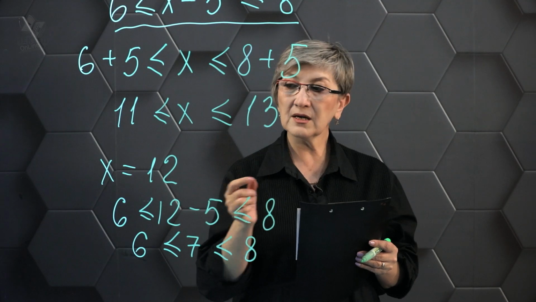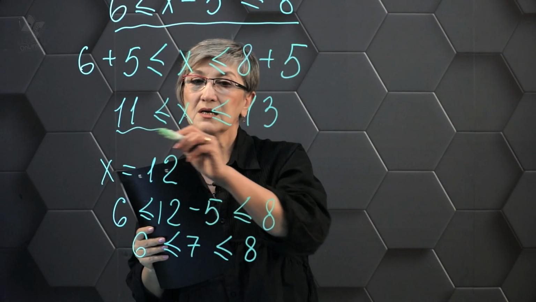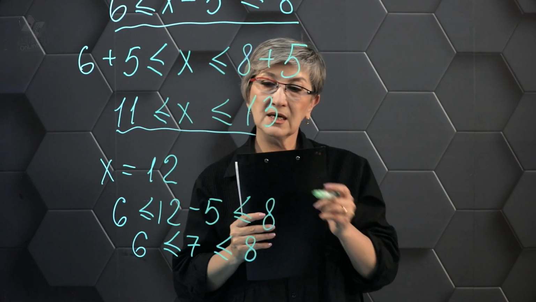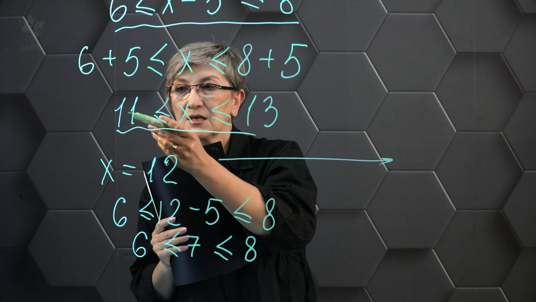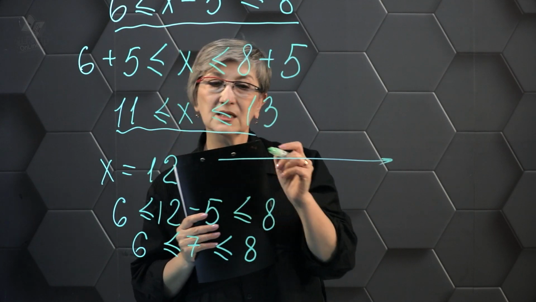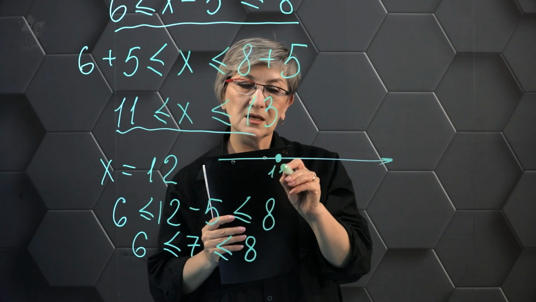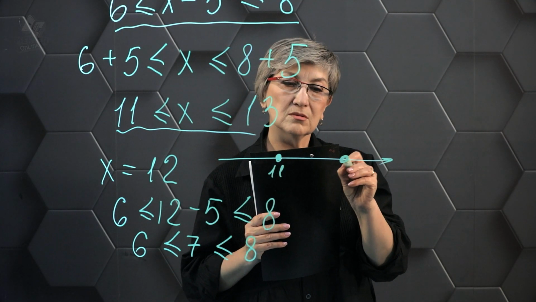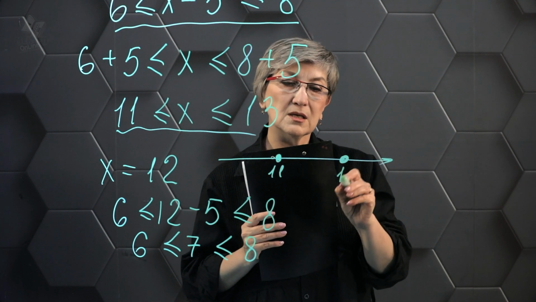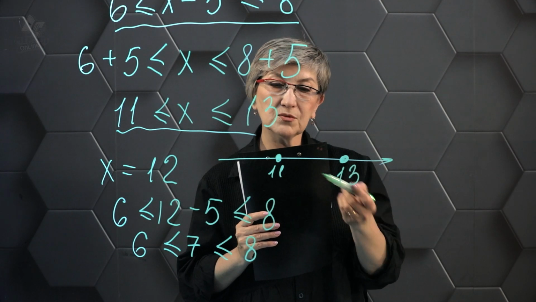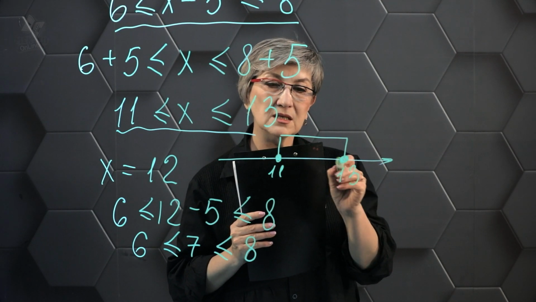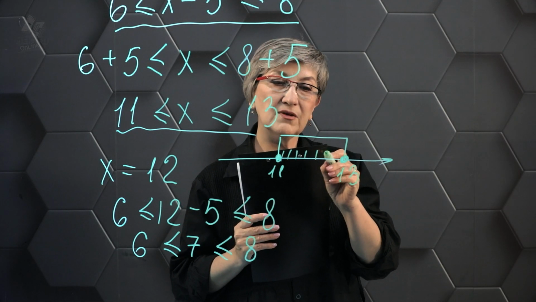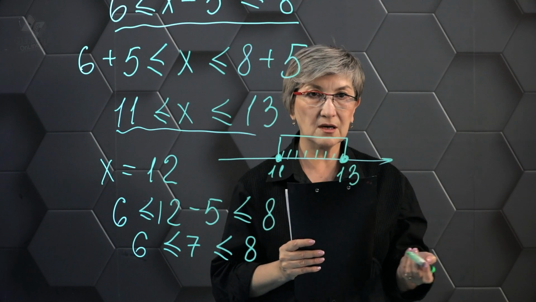I can show the solution to this inequality and indicate it on the coordinate line. On the coordinate line, I mark a point with a coordinate equal to 11 and a point with coordinate 13. And as a result, I find that the interval between the numbers 11 and 13 is the solution to our inequality.